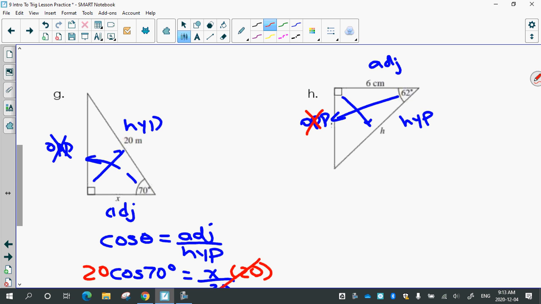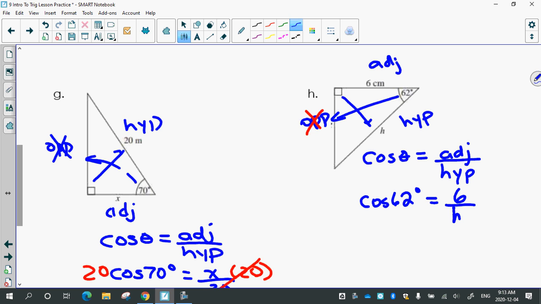Cross off opposite. So cos again. Cosine of 62 degrees is 6 over h.